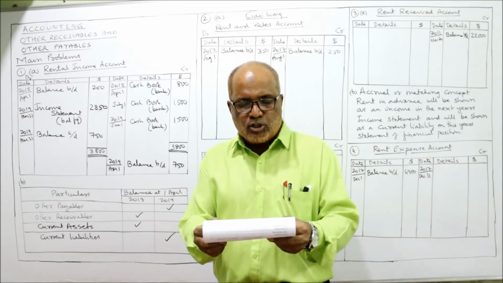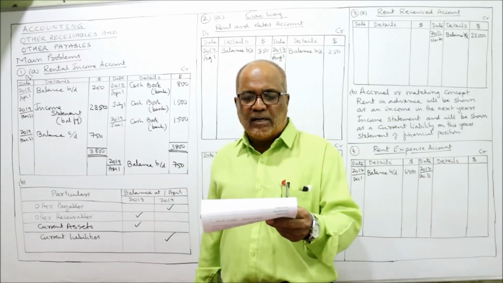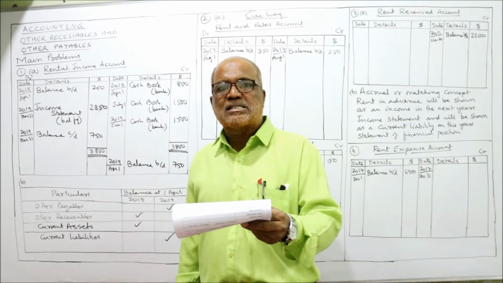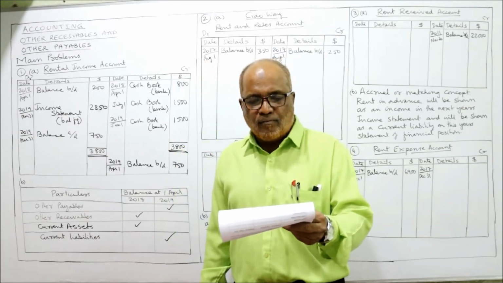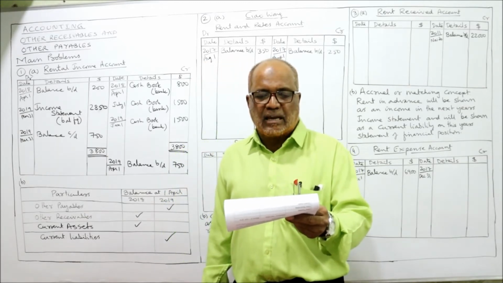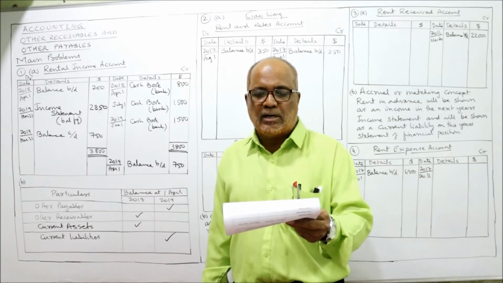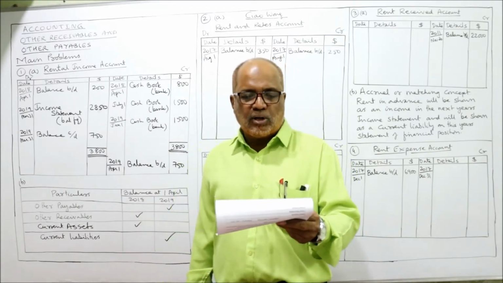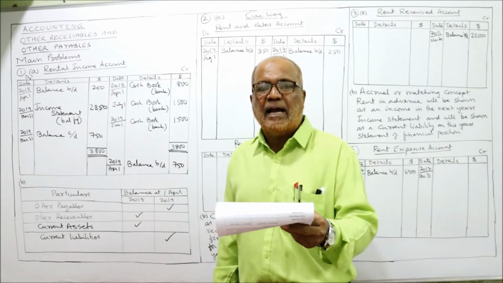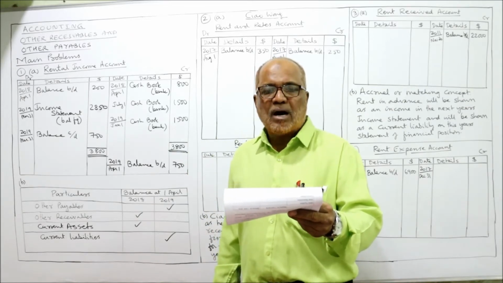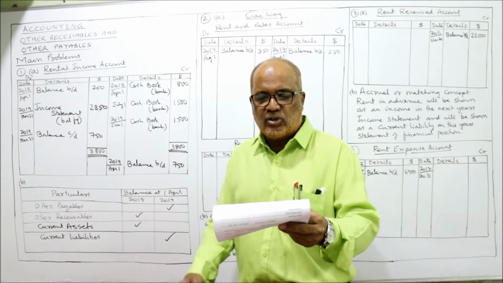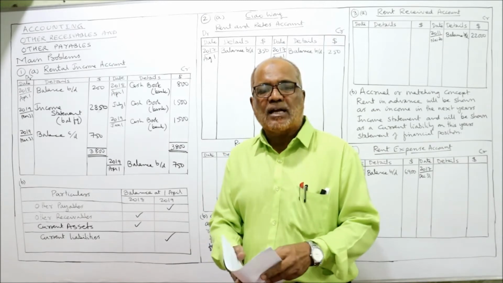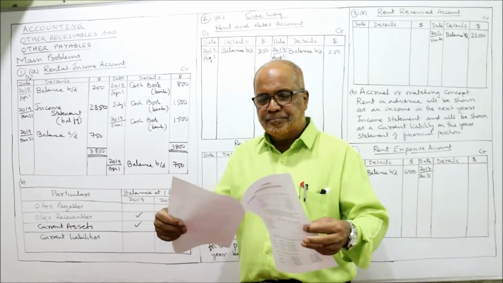Rent paid: 1st October 2017, $1,600; 1st April 2018, $2,200. Rent received: 1st September 2017, $850; 1st March 2018, $250.